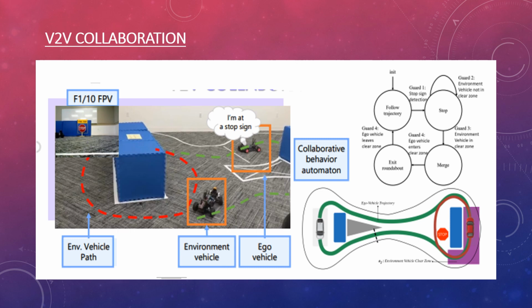It is called collaborative behavior automation, where the robot follows a trajectory that we put in the robot, and when the robot detects the stop sign, it will stop and then merge to follow the environment, and it will exit the mapping that we created. So it is the collaboration within V2V, vehicle to vehicle.